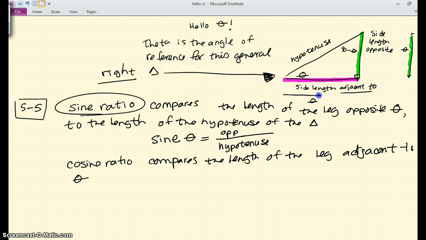And it has a distance from vertex A to vertex C in this triangle called ABC.